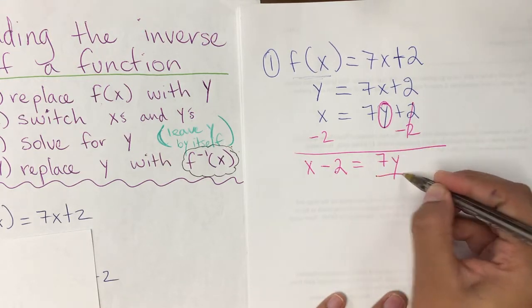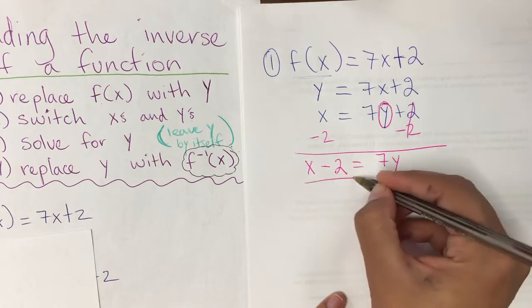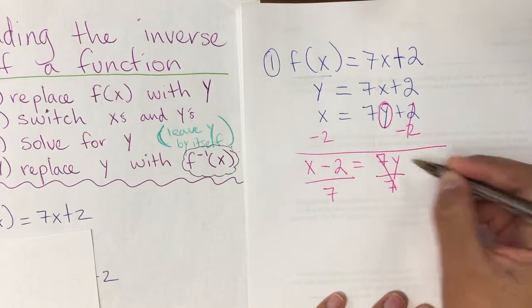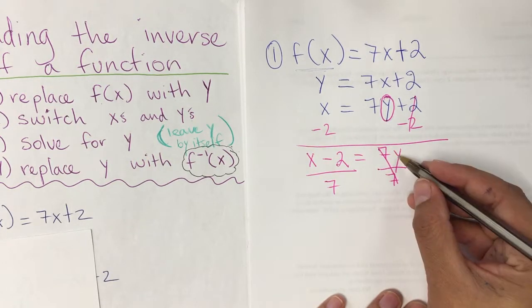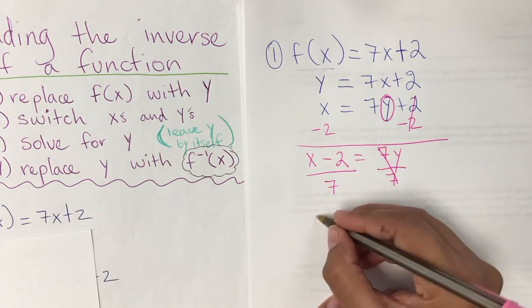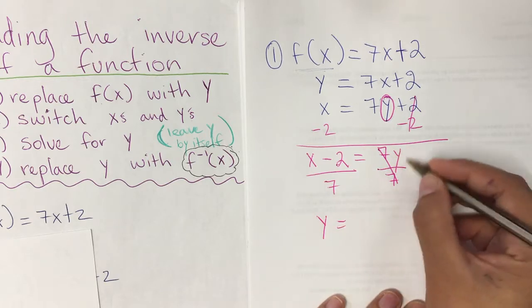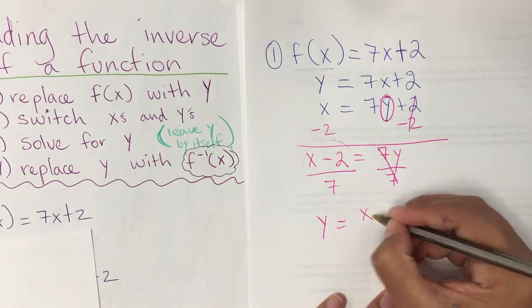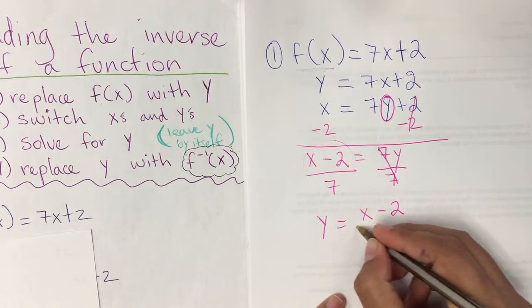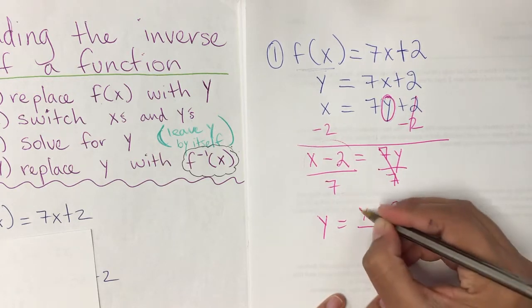Finally, I'm going to divide by 7 so that I can leave y by itself. And so I'm just going to put this at the beginning. So my isolated y equals all of this, which is x minus 2 over 7.